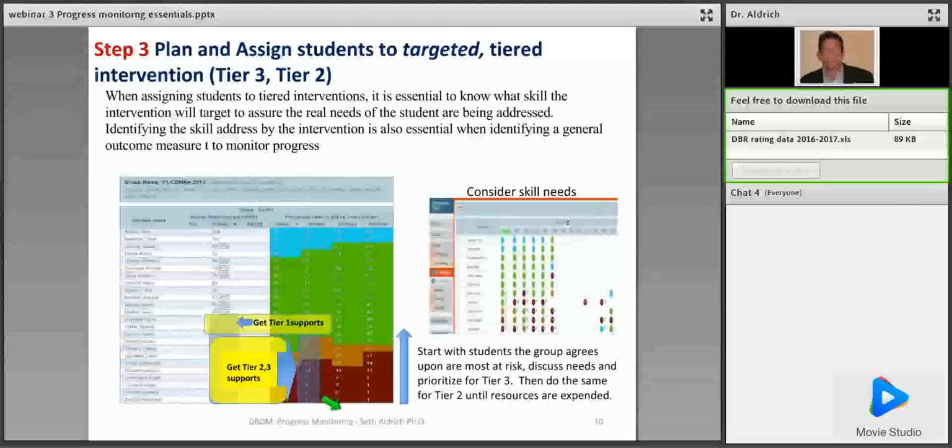This happens to be a local norm, and we would work up the list saying, based on our districts' or schools' decision rules, these students really might get Tier 2 or Tier 3 supports. We work up the list, decide what resources we have at the grade level to accommodate the most students that we can. As soon as we expend those resources, we have to decide who's going to get Tier 1 supports. Part of that step in the data meeting also is who is going to be getting progress monitoring.